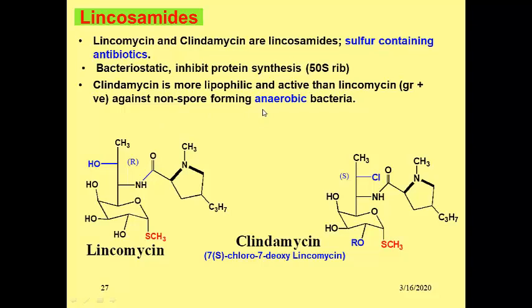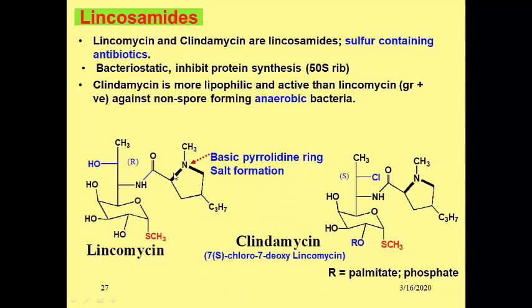Both clindamycin and lincomycin are active against gram-positive and non-spore-forming anaerobic bacteria. So it is the drug of choice for treatment of gum infection after tonsillectomy. Most orthopedic surgeons prefer clindamycin. After GIT surgery, it is a good choice because of inhibition of anaerobic bacteria.